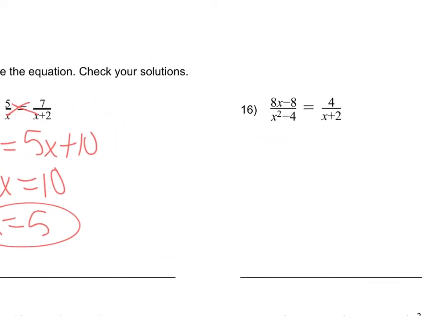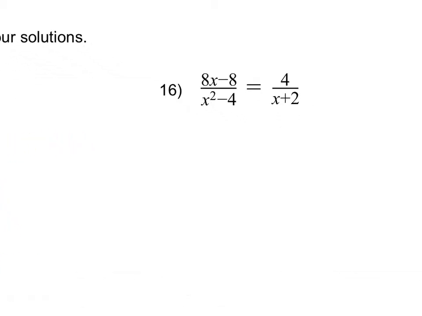Nice and easy. The second one, again, when in doubt, anytime you're not sure what to do, factor. Again, I've got difference of two squares. So I can rewrite this as x plus 2, x minus 2. If I want to find common denominators to get rid of those fractions, notice on the left I have an x plus 2, x minus 2. On the right I only have an x plus 2, and I'm missing an x minus 2.